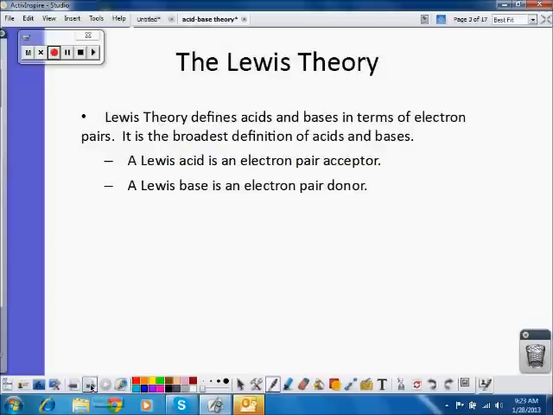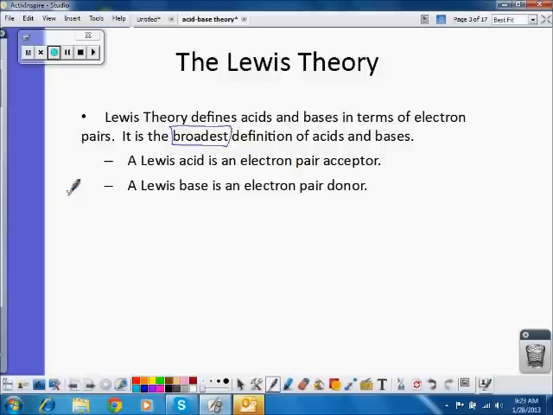The third definition of acids, which we're not going to spend a lot of time on, is called Lewis theory. And Lewis theory looks at acids and bases in terms of electron pairs. Because it looks at electron pairs, it is the broadest of the theories, and this explains anything that is acidic and anything that is basic.